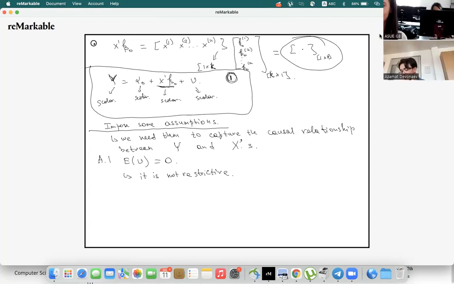It's not a restrictive assumption because you always have this alpha node, right?